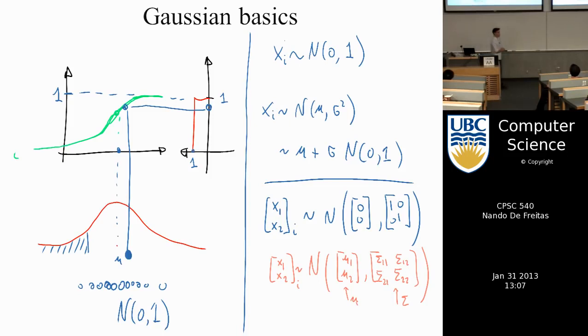Now, I need a way of taking square roots of matrices in order to be able to draw from this. Because essentially, I want to use the same trick. Let's call this vector x. I want to basically say that if x comes from a multivariate Gaussian with mean mu and covariance sigma, then x must be a sample from a multivariate Gaussian.